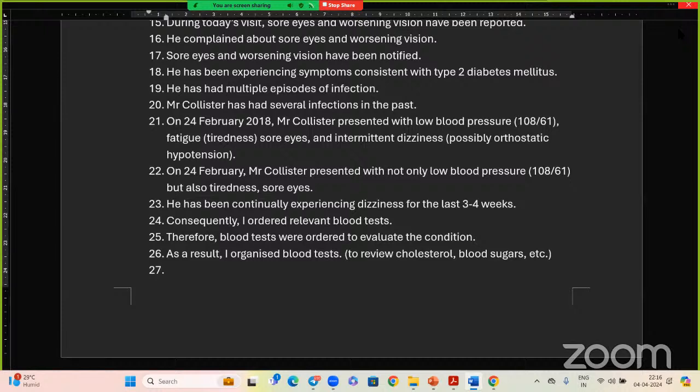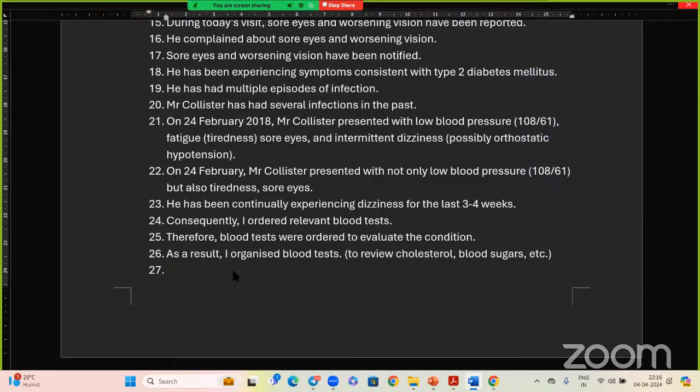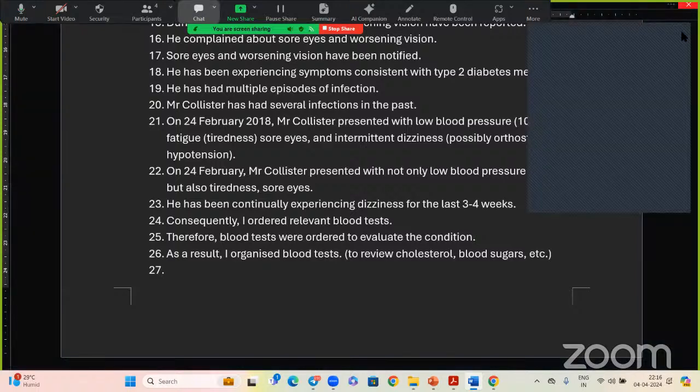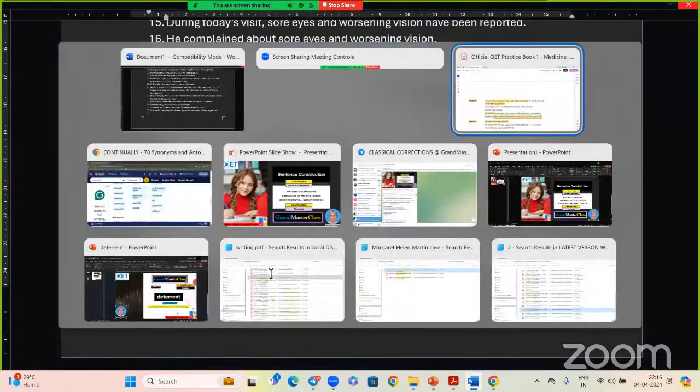Yes. Next. See, we have learned 27 sentences so far. So how we are writing these sentences is more important.